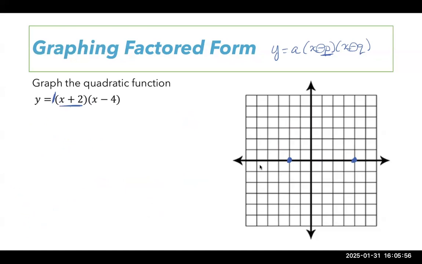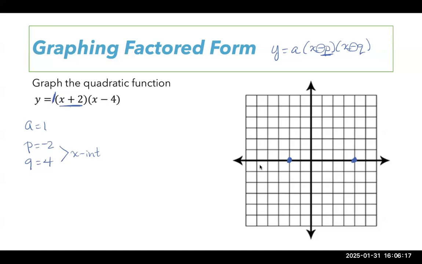There we go. All right, so we know that our A is 1, our P was the -2, our Q is the 4. So we have x-intercepts at the moment at -2 and 4.